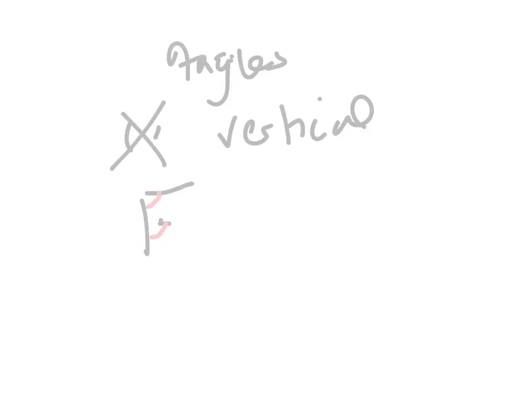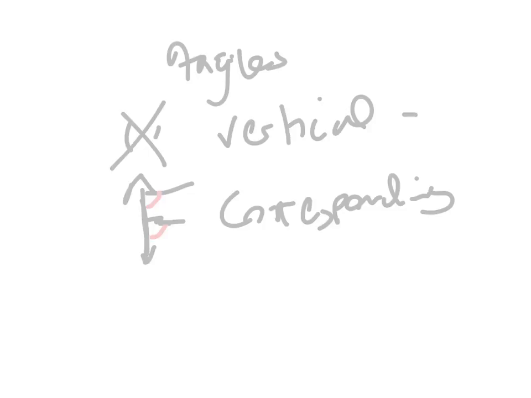These two are both on this line. Both of these will be equal and they are corresponding. Just as vertical angles are equal, so are corresponding angles. So if this was A and this was B, whatever A is, B would be the same.